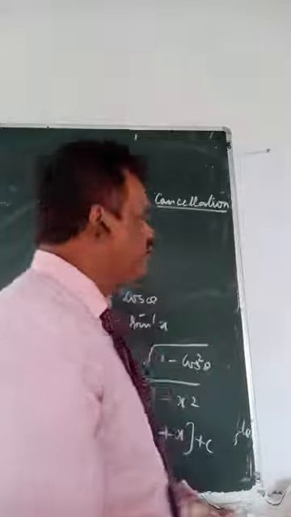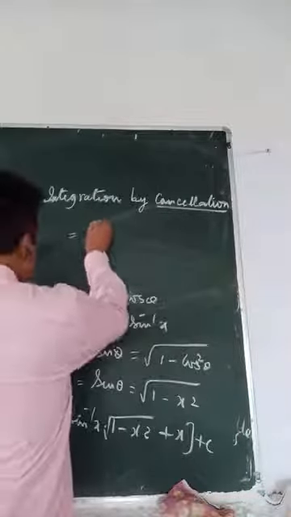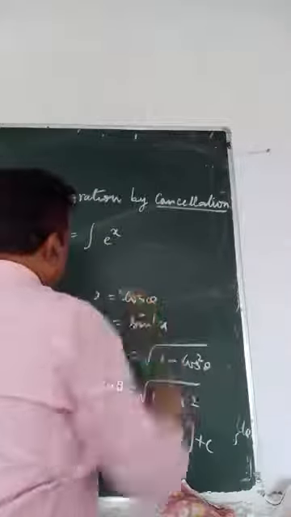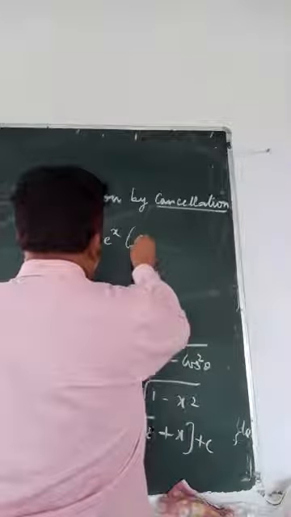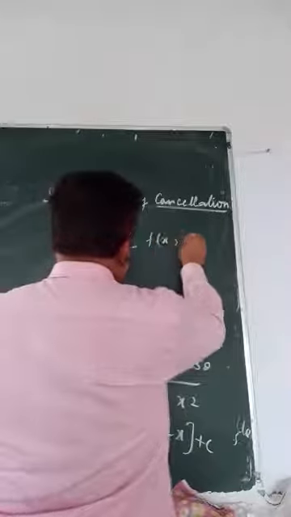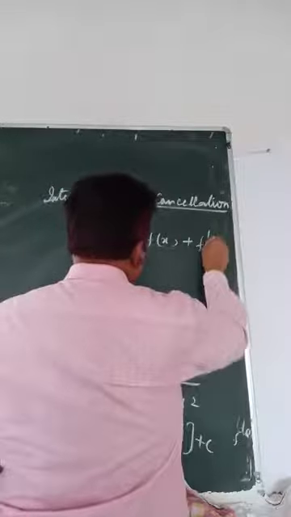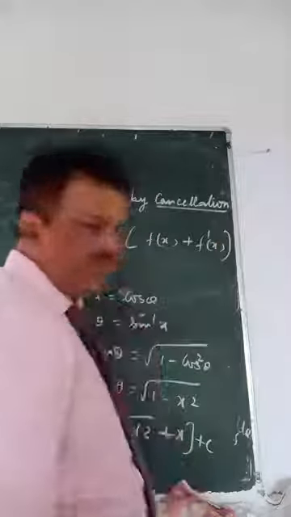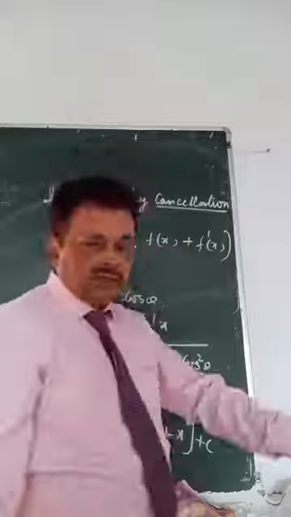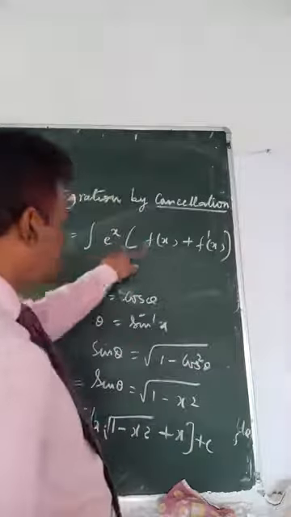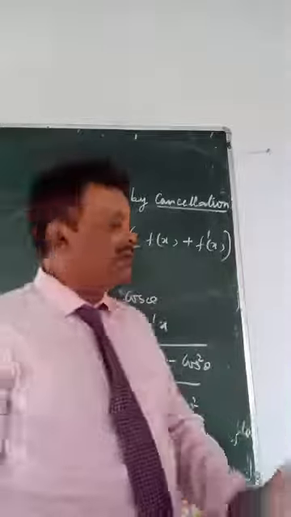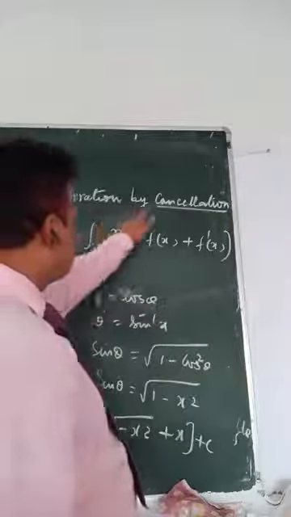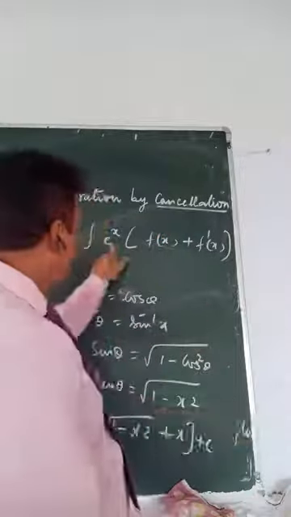The clue I am giving you. The clue is e to the power x must be there. Then function and its derivative should be there. If you find the question like this, e to the power x, then f x, then its derivative, then you will understand that this will be done by cancellation method. This is the clue here.